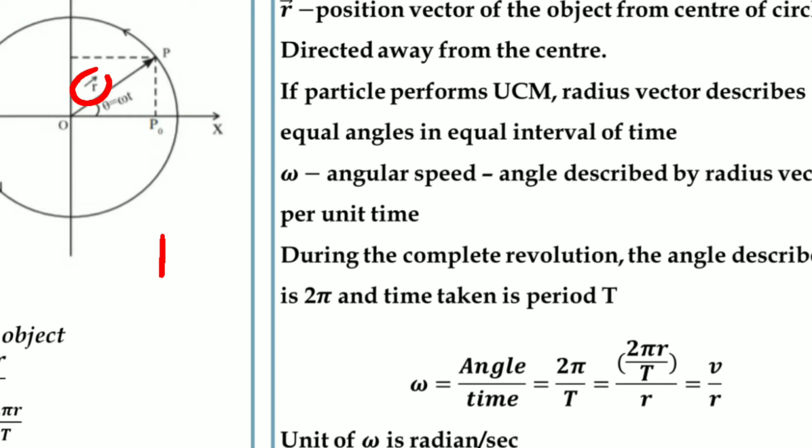What it means is that the object is moving in circular motion. The object is not stationary; it is always moving along the circular trajectory. As the object moves, its position vector also changes accordingly.